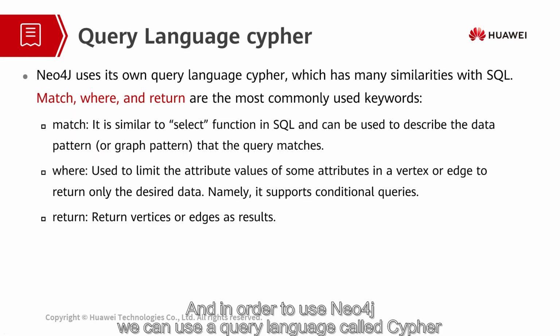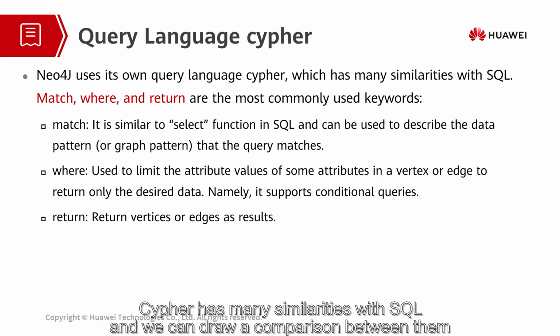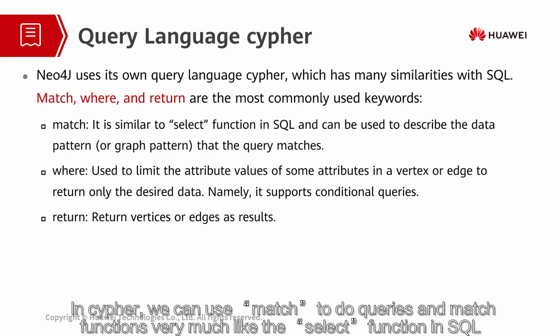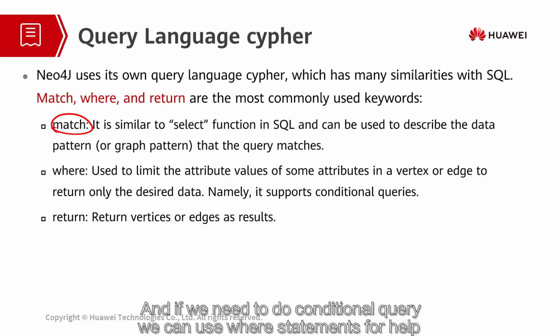And in order to use Neo4j, we can use a query language called Cypher. Cypher has many similarities with SQL, and we can draw a comparison between them. In Cypher, we can use match to do queries, and match functions very much like the select function in SQL. And if we need to do conditional query, we can use where statements for help.